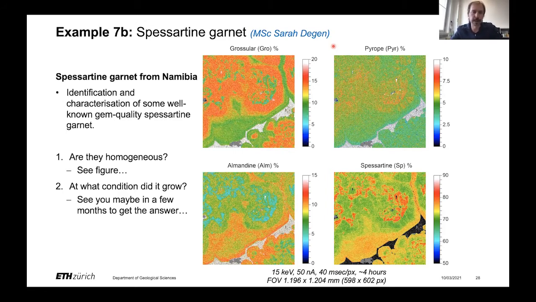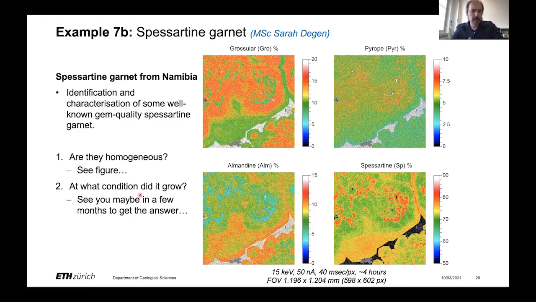They are trying to trace back the rocks that are at the origin of this spessartine. The first test was to check if the spessartine were homogeneous. Even if they look very nice, they are totally not homogeneous. You can just observe that in the pictures. I think it's quite clear.